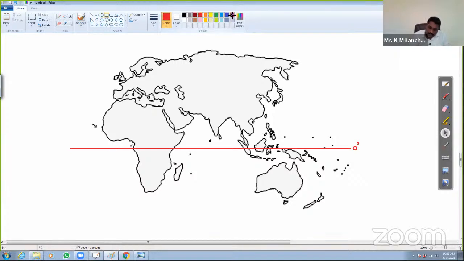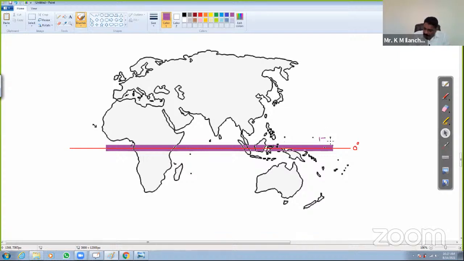Let me mark this as your ITCZ. The ITCZ nearly overlaps with the equator. Just for representational purposes, assume that this is your ITCZ.